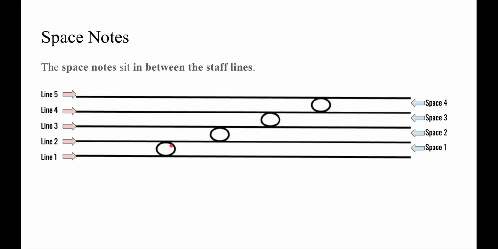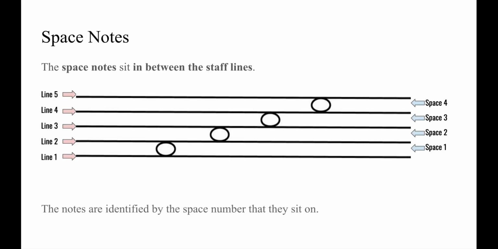Well, what kind of food do you pick up and eat with sticks? Sushi, of course. So I like to call the space notes the sushi notes. And I like to call the line notes the kebab notes. I know, it's a bit silly, but does it help you see the difference a little?